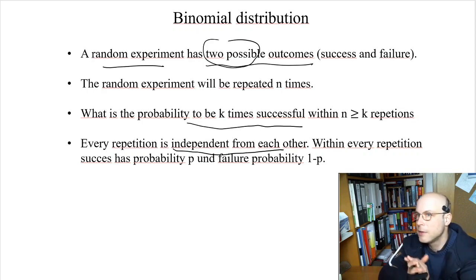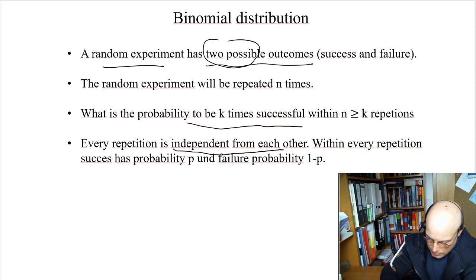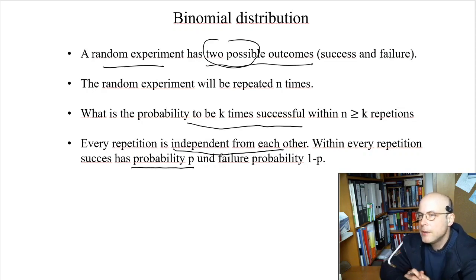And this we have learned in the last lectures, then we just can multiply the probabilities within our repetition, our experiment. And of course, I already said, this is not only an experiment with 50-50 outcome, but also 20-80 or 10-90 outcomes. So success has the probability p, and the failure has the probability 1 minus p.